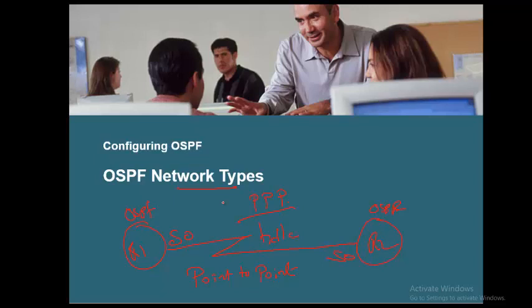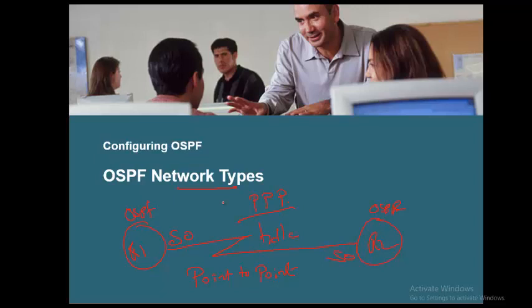Whenever we have Ethernet as encapsulation, then the network type is going to be broadcast, not point-to-point. Why? Because with the Ethernet wire, you can connect to a switch and you can have more than one neighbor.